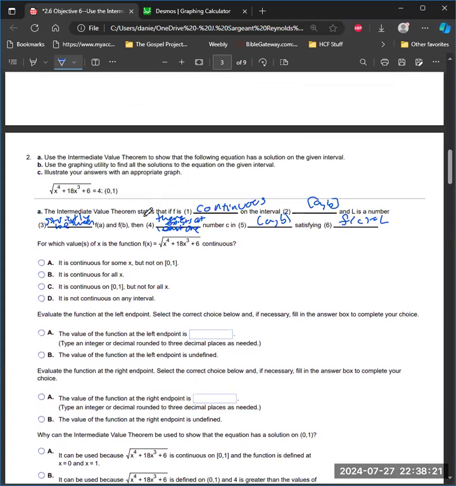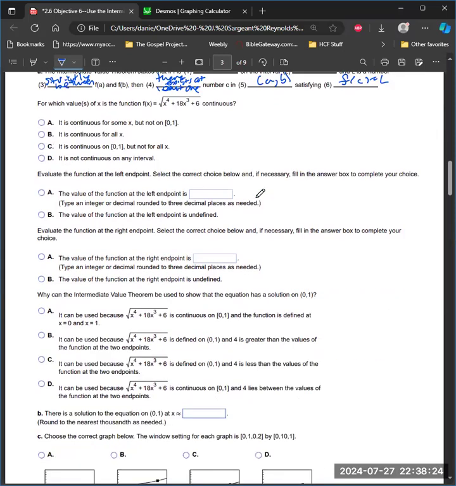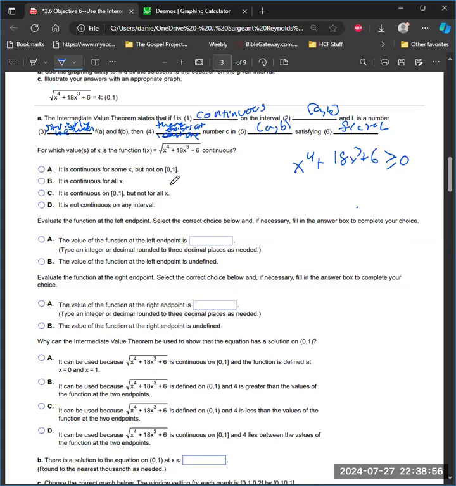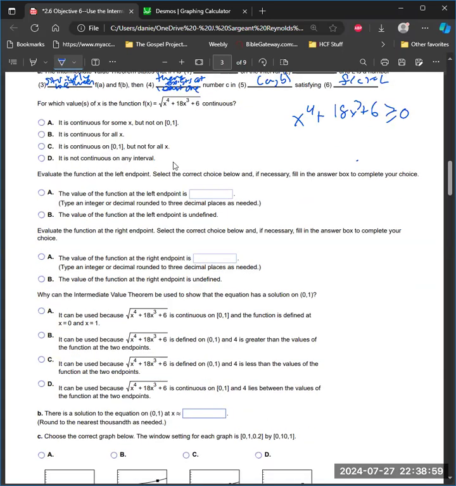And we're just going to look at the left-hand side of the equation here. It's continuous as long as x to the fourth plus 18x cubed plus 6 is greater than or equal to 0. But I'm interested specifically in the interval 0 to 1. That'll be continuous.